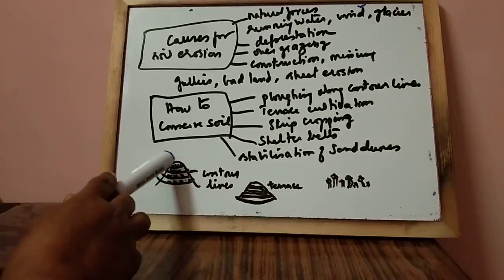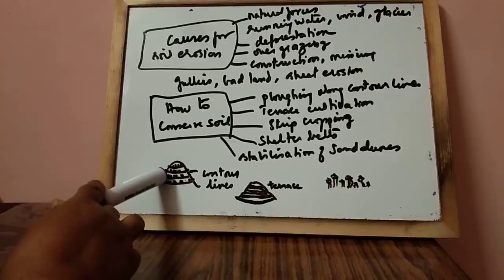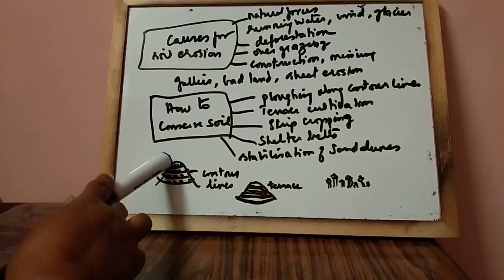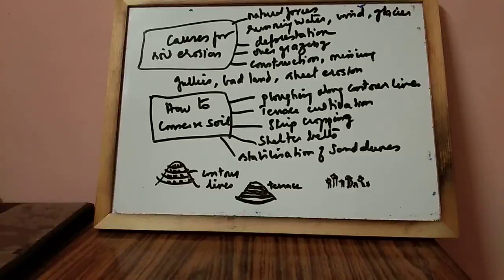If ploughing along the contour line is done, then the speed of the running water will be slowed down. That is what decelerates the flow of water. In this way you can reduce the speed of the water, so water will not affect the soil to a large extent.